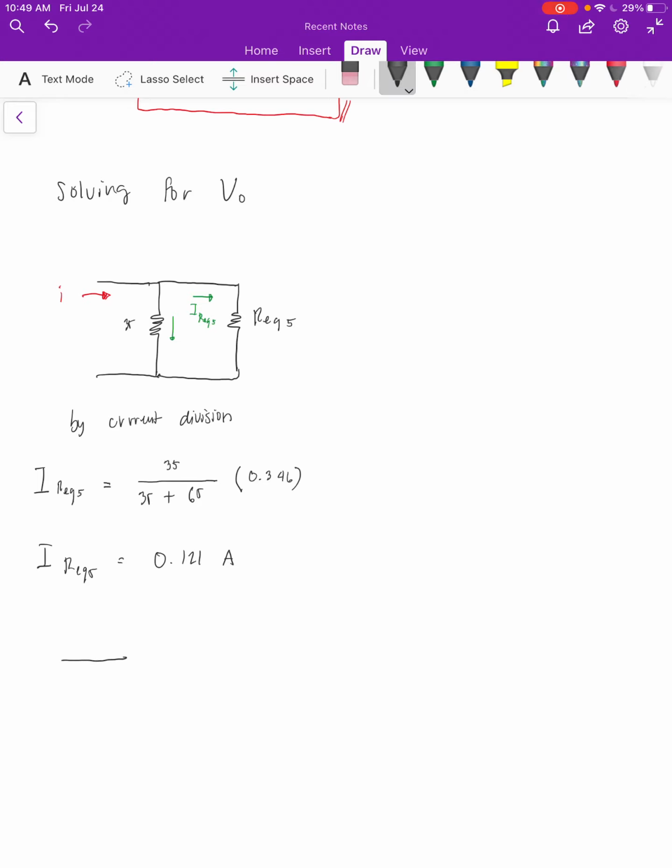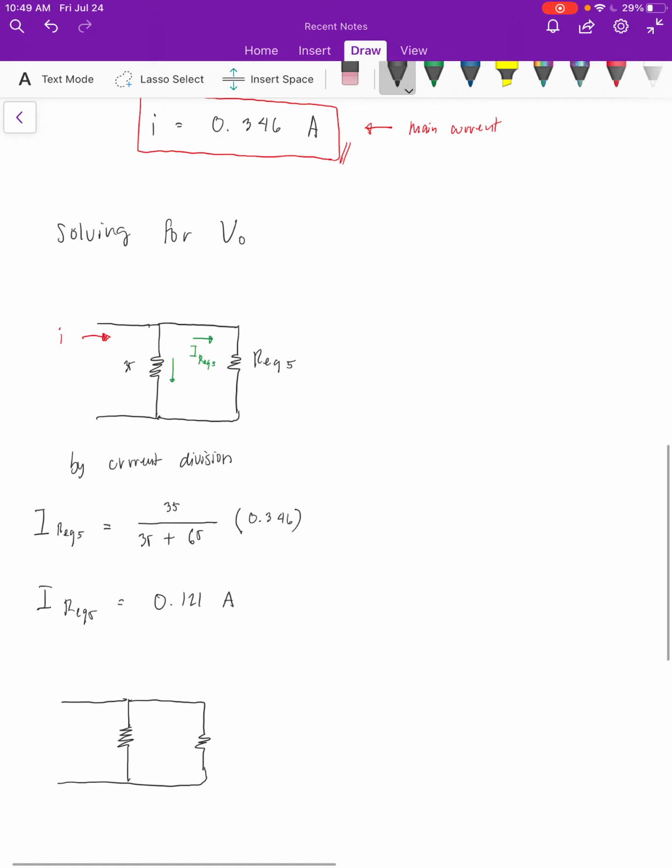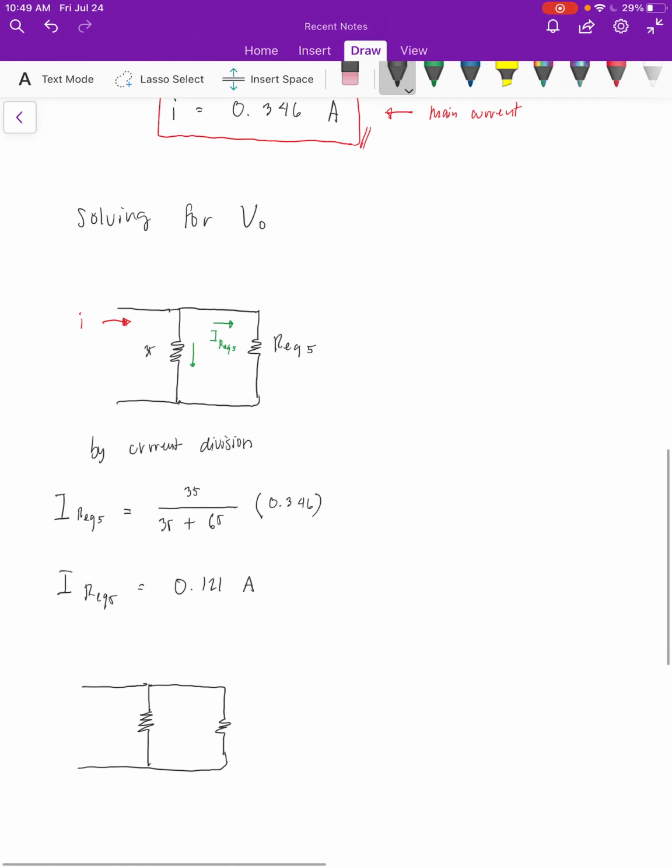We have a parallel resistor here between Req3 and Req2, and the main current that enters through this branch is our current at Req5.